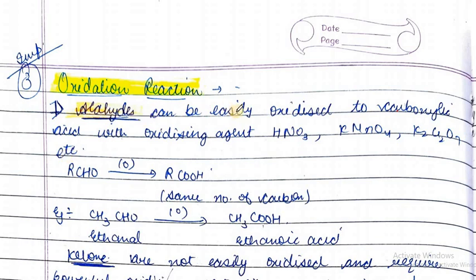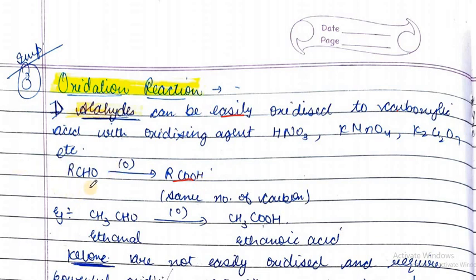These can be easily oxidized as we already talked about, and the reagents that can be used are nitric acid, potassium permanganate, potassium dichromate. When aldehydes are oxidized, they give carboxylic acids. That is, if there is RCHO, we will get RCOOH.